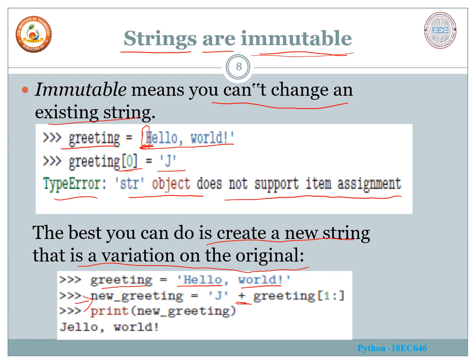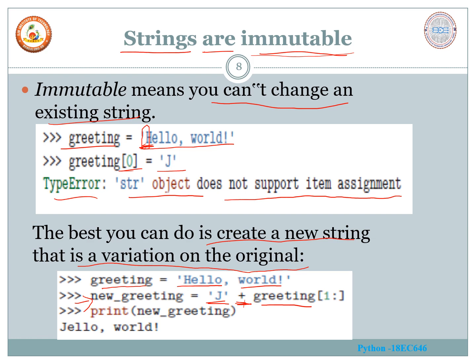Now I take up the character which I want to modify and concatenate it with greeting 1 colon. That means you are giving the first index and no second index, so it will directly point to the ending.